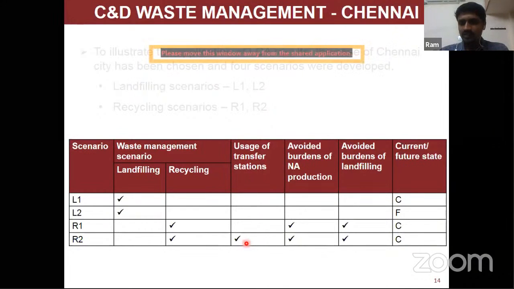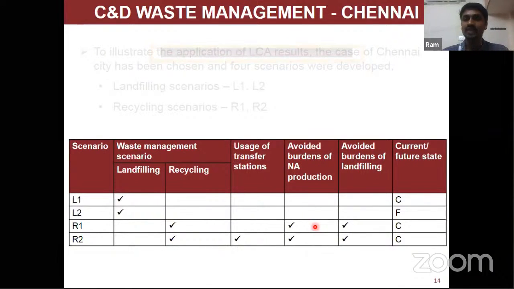Another factor that we are going to add in these scenarios is the avoided burdens of natural aggregate production. So what is this? For example, if you produce 1 ton of recycled aggregate, it will automatically eliminate the need to produce an equal amount, 1 ton, of natural aggregate, right? Thereby, the emissions that would be produced from producing 1 ton of natural aggregate are eliminated.